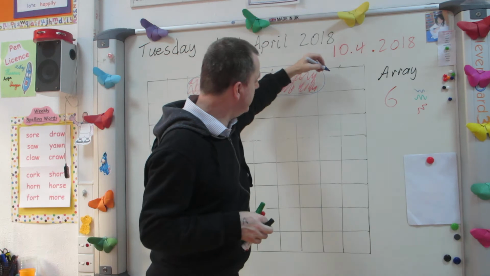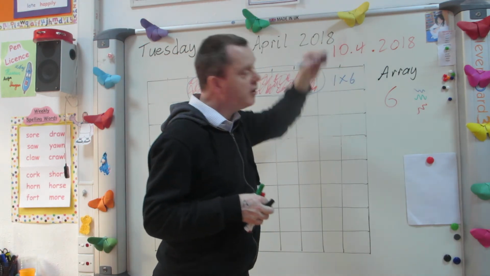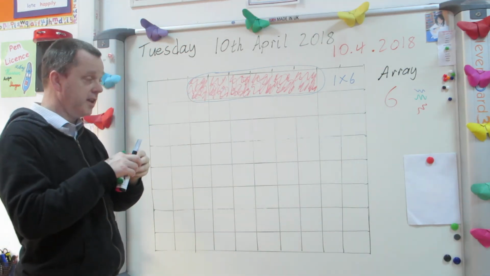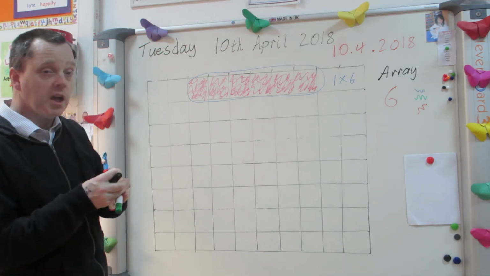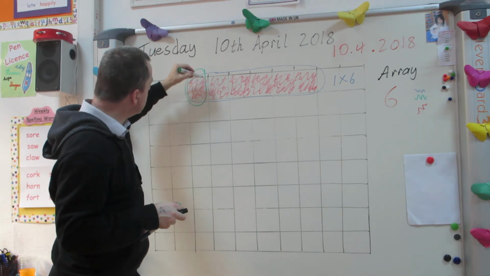So for this way of showing this particular array, it's 1 times 6. However, I can change it to this way, like that.